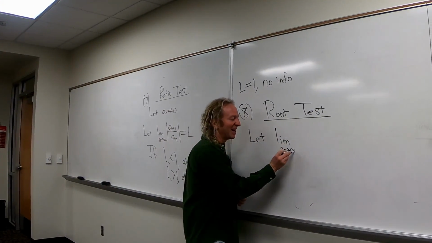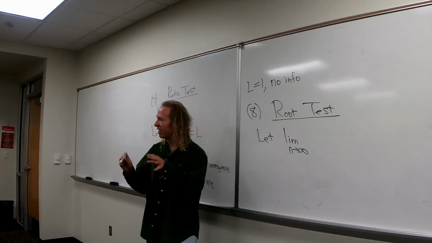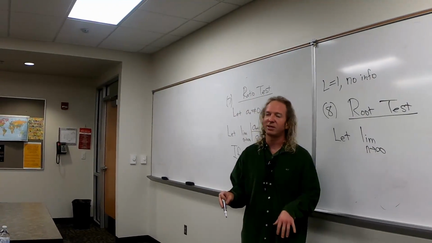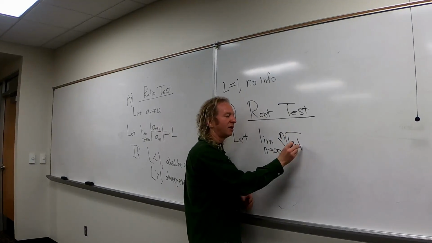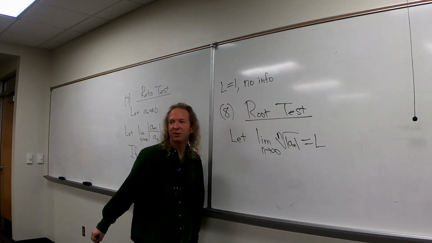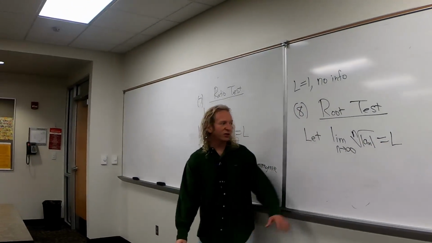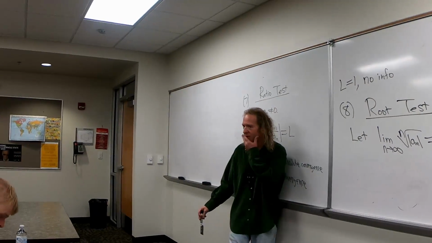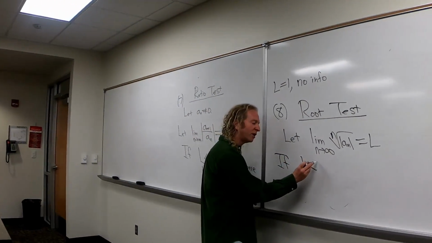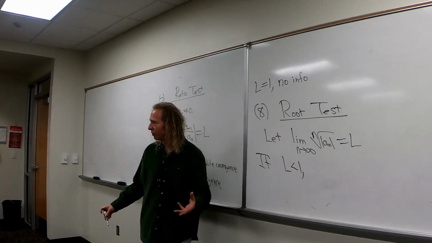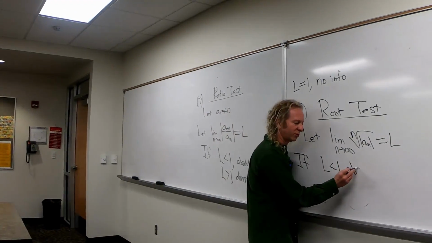So you take the limit as n goes to infinity, and this time you take the nth root of the absolute value of a sub n, and you set that equal to L. The conditions are very similar, I think it's actually the same. If L is less than 1, we get absolute convergence.